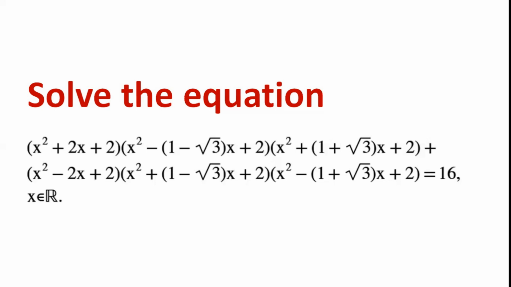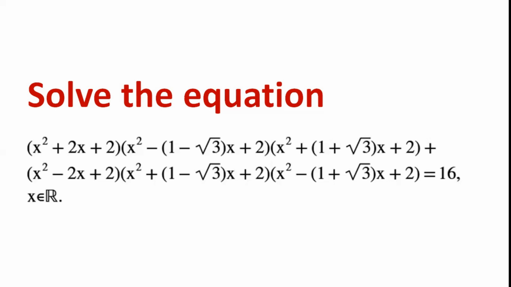Similarly, the second part of the first term and that of the second term also are almost identical, apart from one has minus 1 minus root 3 times x, whilst the other has 1 minus root 3 times x.